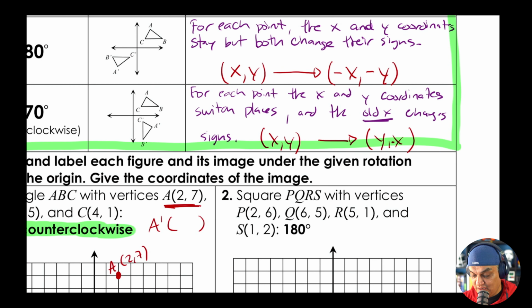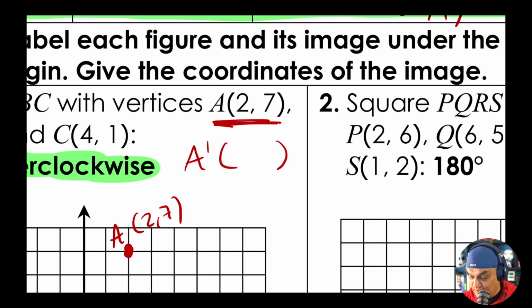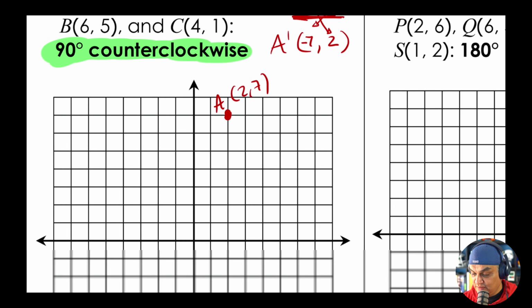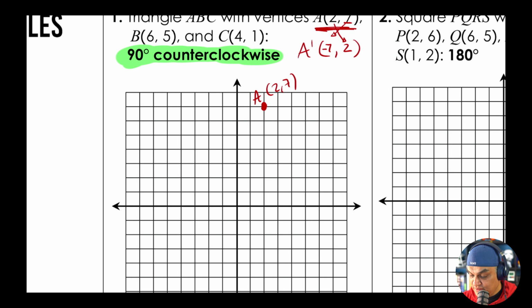So the 7 comes over here, and the 2 comes over here. Which one's the old Y? 7 is the old Y, so that becomes negative 7. So let's plot that. 1, 2, 3, 4, 5, 6, 7, 1, 2. And there's my A prime.